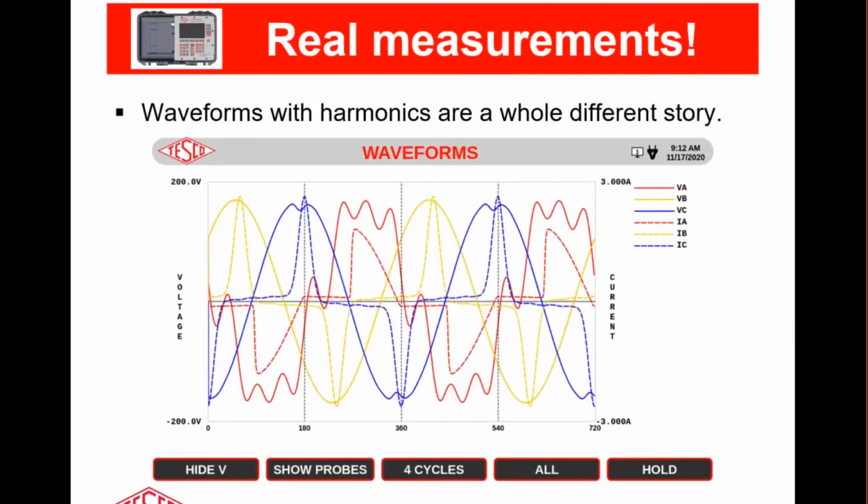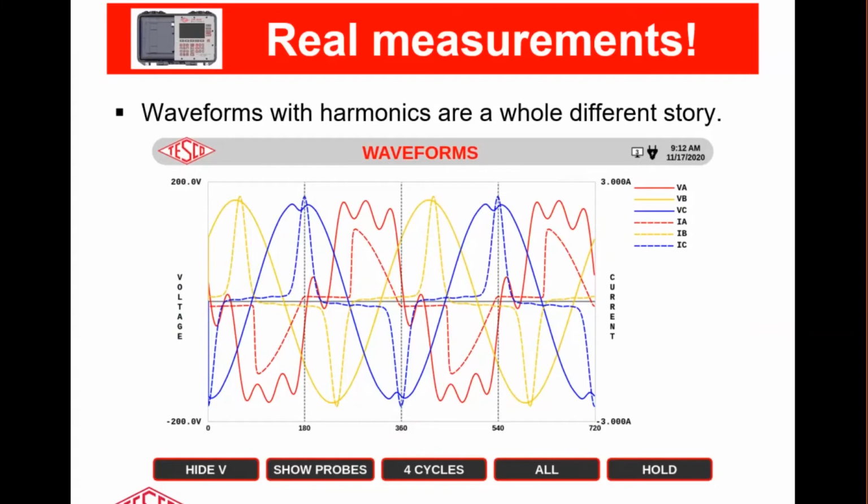Here's a really messed up world. I've brought up 3 different sets of ANSI waveforms, and as you can see, except for one voltage that I've left as a sine wave, it's a mess.